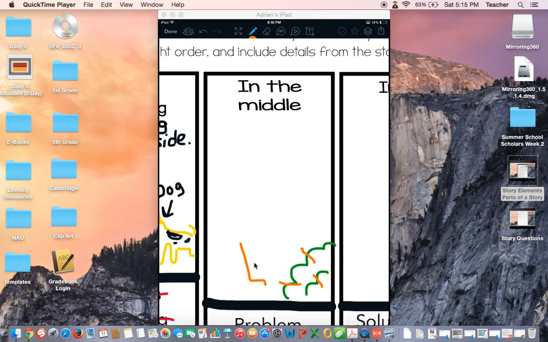Draw a dog's paw here. Looks like he's sad because he stepped on this thorn. I'm going to remember to do my labels.